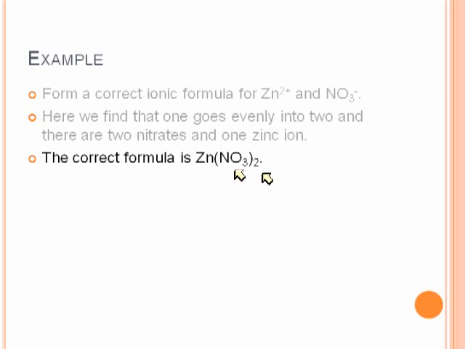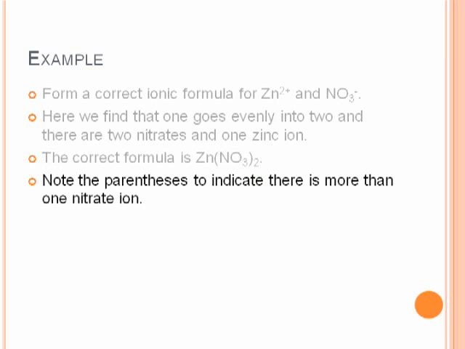Notice none of the charges show. We put parentheses around that to indicate there's more than one nitrate ion. This has been a short tutorial on forming chemical formulas, with a focus on forming these ionic formulas.